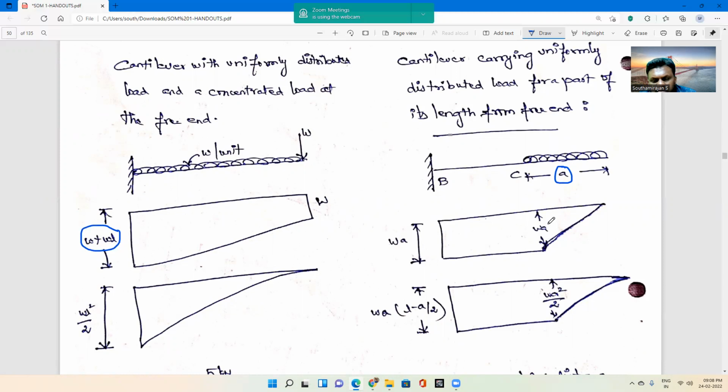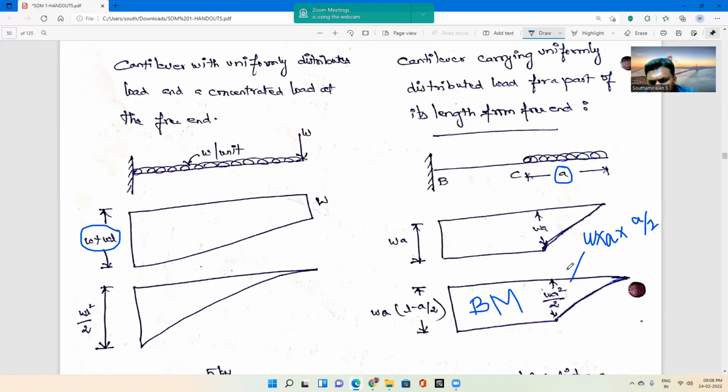So shear force is nothing but load into its distance, so W into A. Next, we will calculate the bending moment variations. Bending moment variation is nothing but force into distance. So the force, that is UDL, will be converted into a force by load into distance, W into A. Next, the perpendicular distance will be half of the distance, so A by 2.